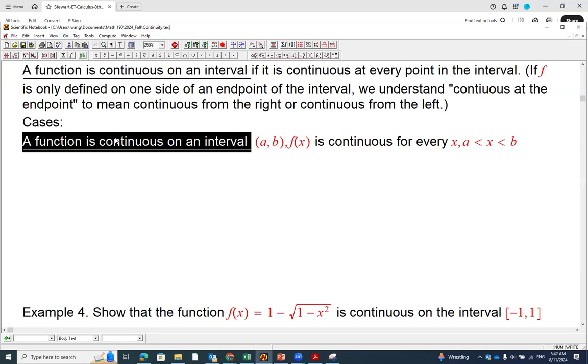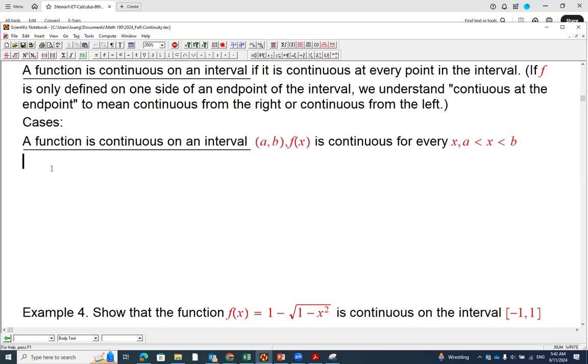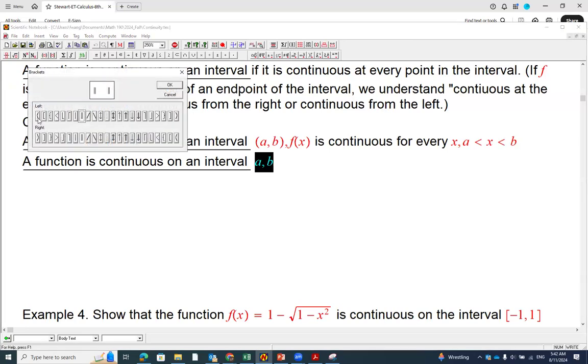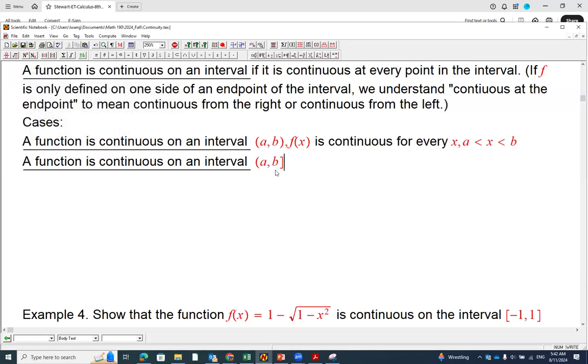But what if you have an interval like the following? It's not open, it's half open. So what does that mean?